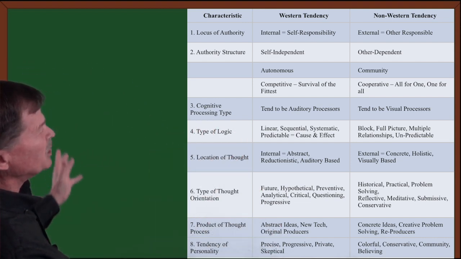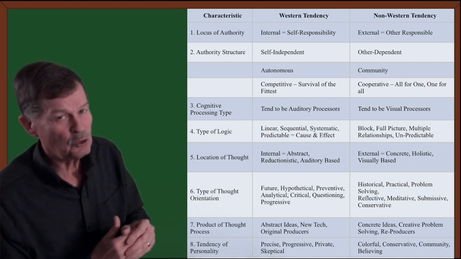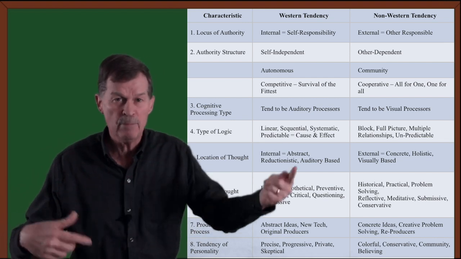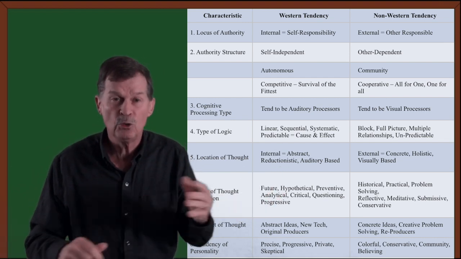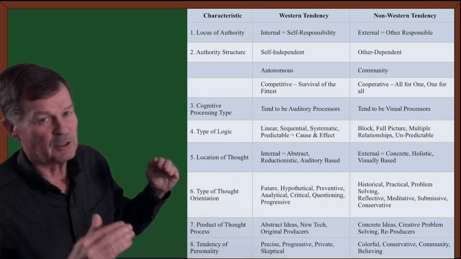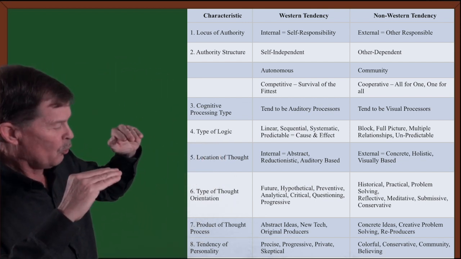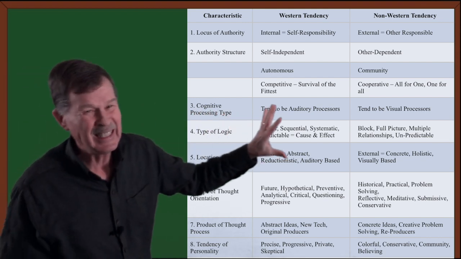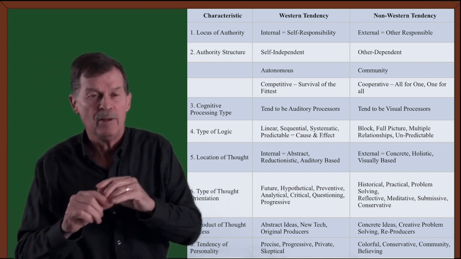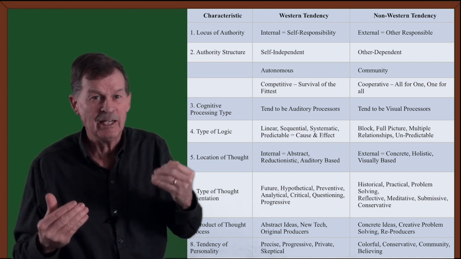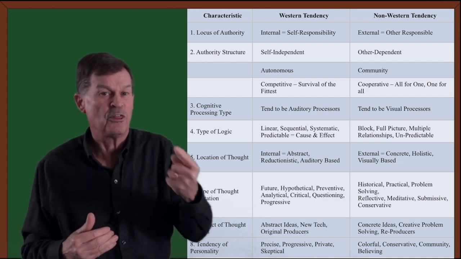They are community. In other words, they don't do things in competition to outdo the neighbor in production or whatever, but they are community driven to bring the whole community up together. And they tend to be believing. In other words, they are not generally equipped to think internally as their own authority.